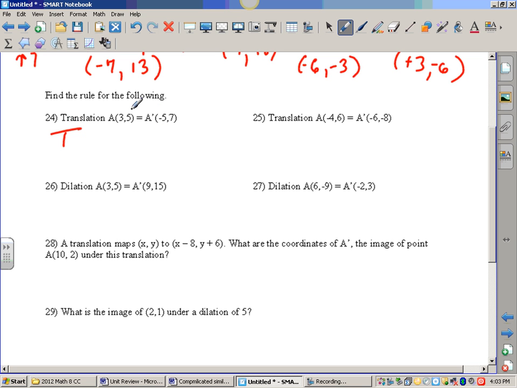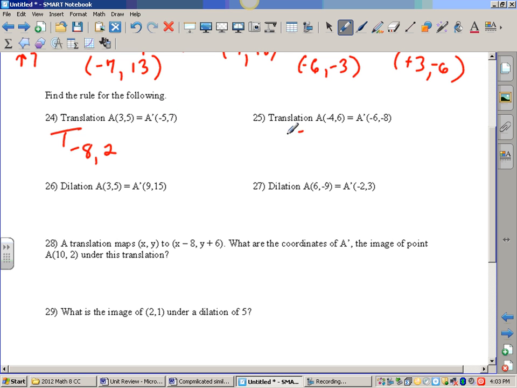If you're at +3 and you're going to go to -5, what you have to do is subtract 8. If I'm at 5 and I end up at 7, I had to add 2. A good check for this is if I have 3 and I subtract 8, negatives win by 5. You should be able to use your rule to go from the original coordinate to the image.